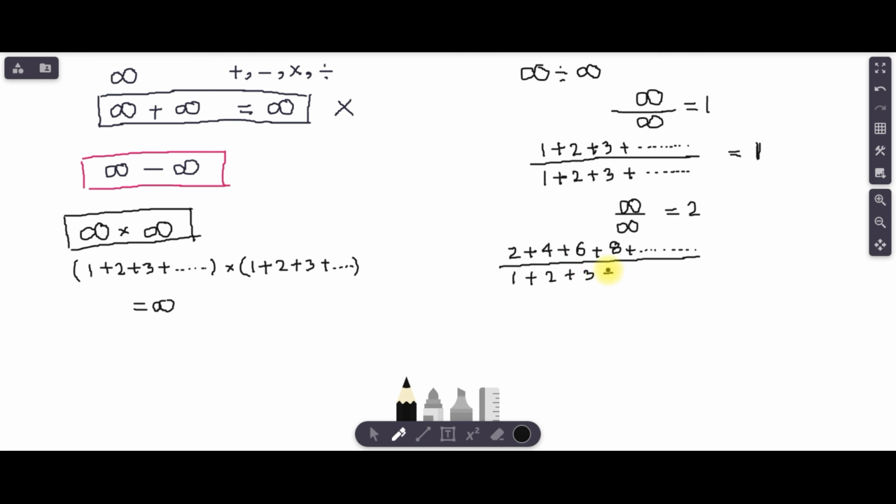So the numerator is a multiple of 2 of all the numbers. Correspondingly, the multiple of 1 is 2, the multiple of 2 is 4, the multiple of 3 is 6, the multiple of 4 is 8, and it goes on. So if I take 2 common, it comes 1 plus 2 and so on.